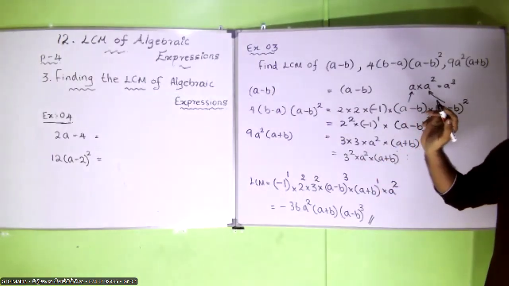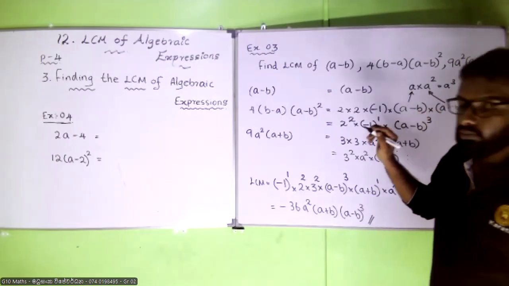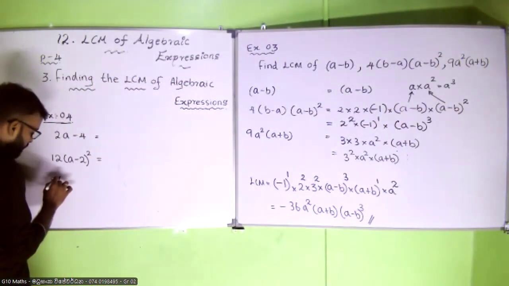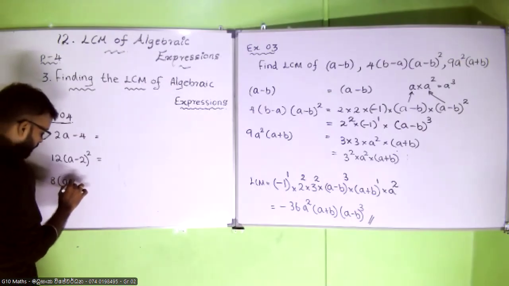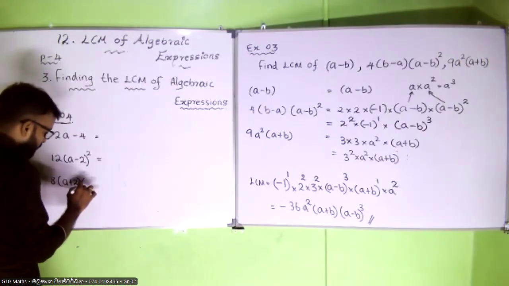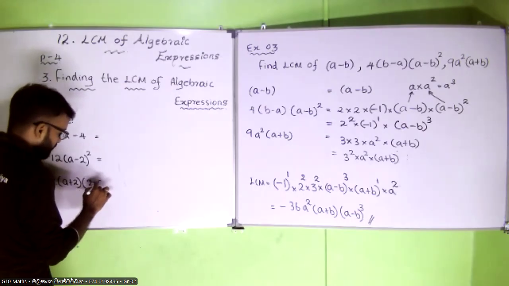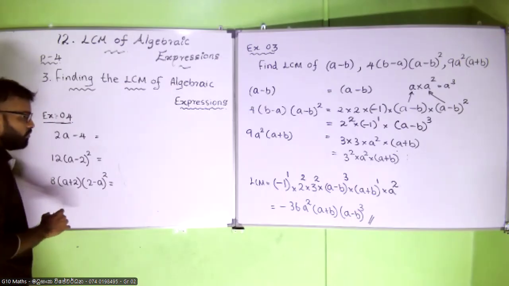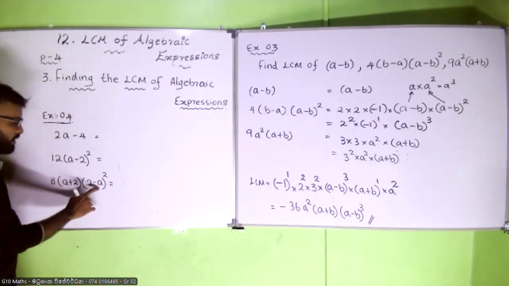Then 8 times a plus 2, 2 minus a to the power 2. Wait, 2 minus a.